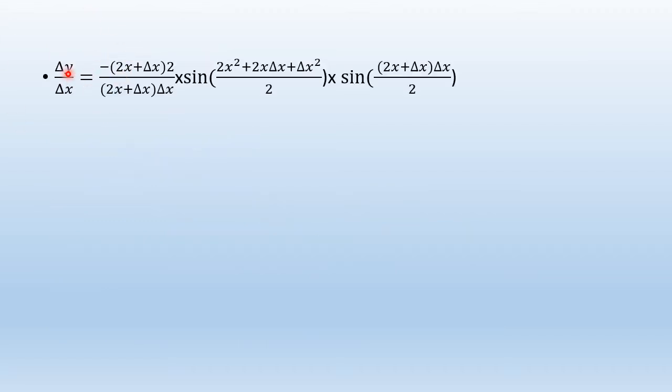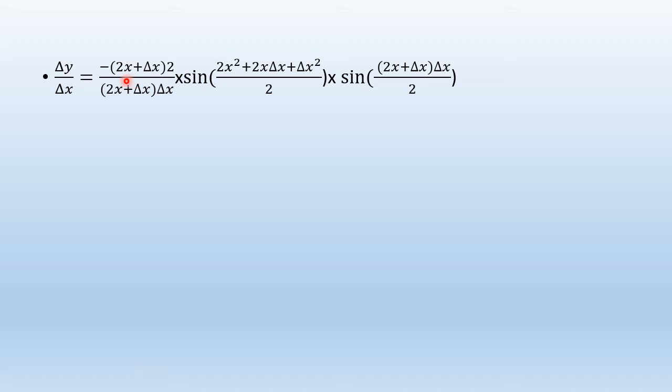Here it is. You can see del y by del x is equal to minus 2x plus del x. 2x plus del x, we multiply and divide by this. This del x were already there. All the other things were already there. Now what we are going to do now?